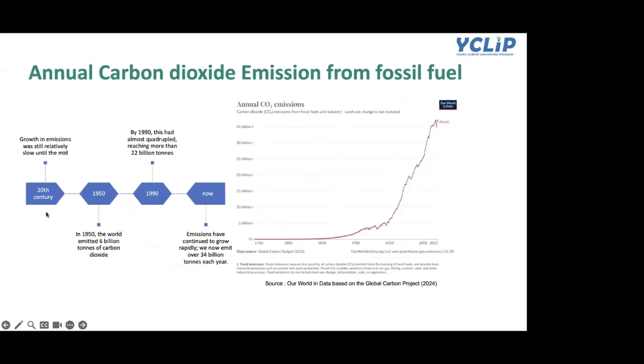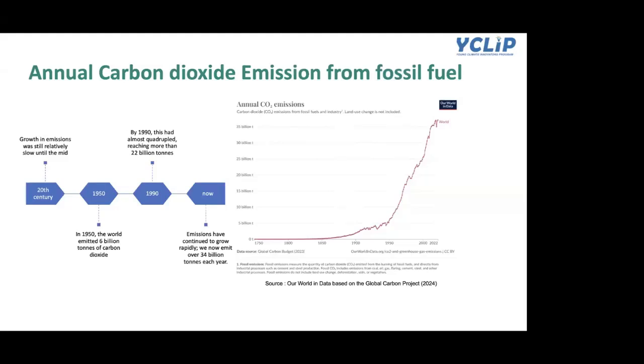So in the 20th century, the emissions were still relatively low until the mid years. So in 1950, the world emitted 6 billion tons of carbon dioxide. By 1990, this value had quadrupled.